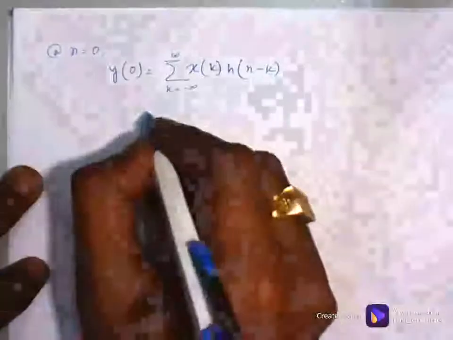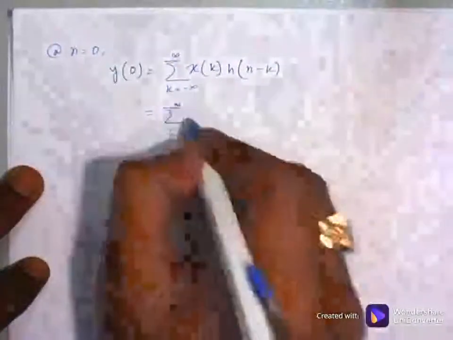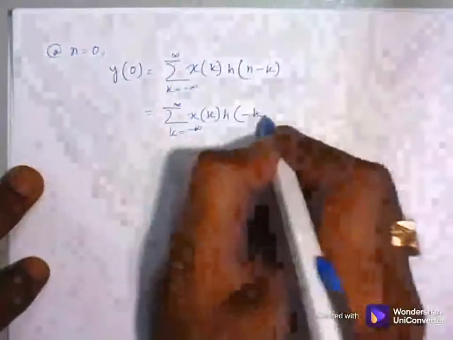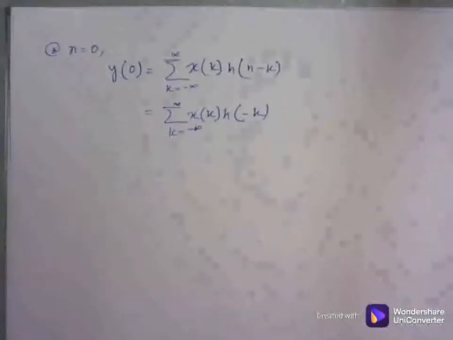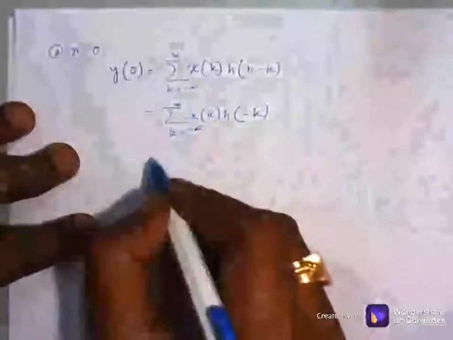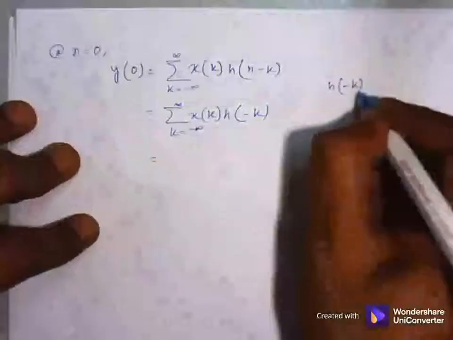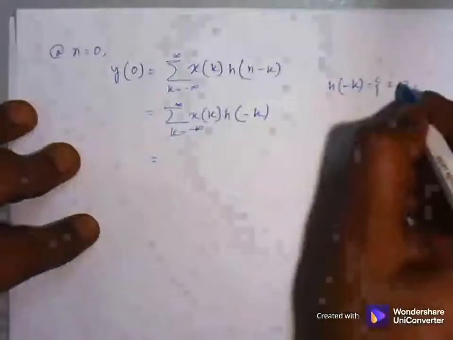Since n equal to 0, this becomes x of k h of minus k. I have already calculated h of minus k: 2 1 2 1.